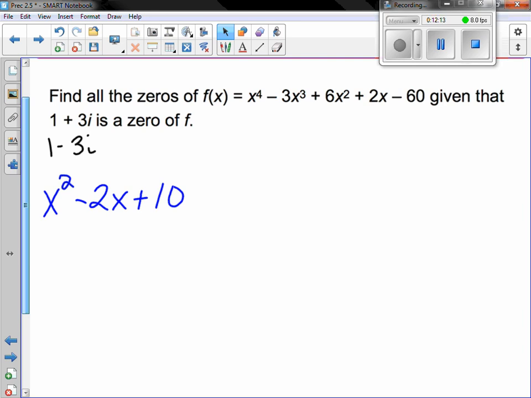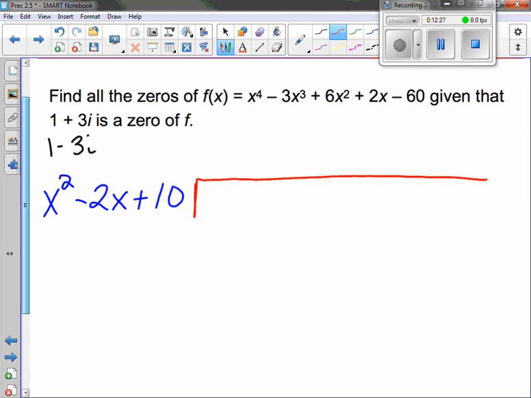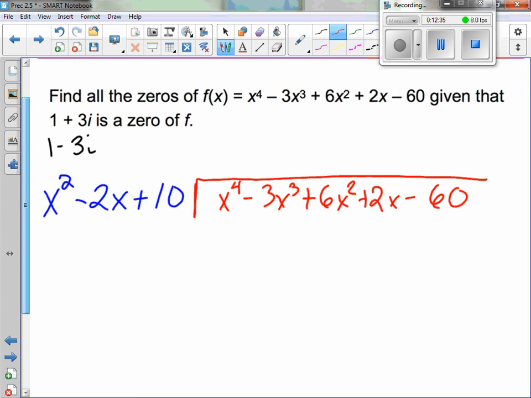Because we have a degree 4, yes? If I can decrease it by 2, I will have a quadratic, and we know how to solve with the quadratic formula. We're going to use long division. x to the fourth minus 3x cubed plus 6x squared plus 2x minus 60.